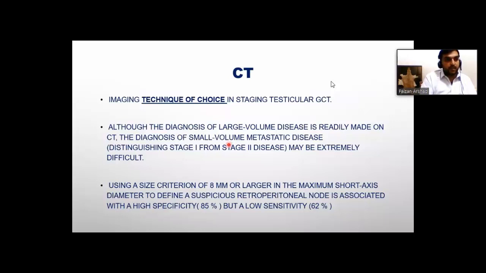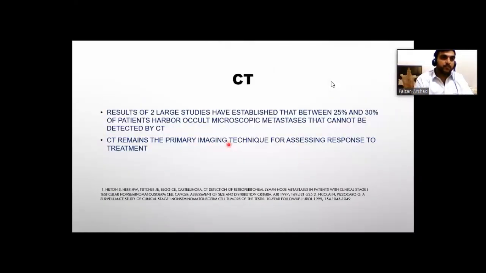Using a size criterion of 8 mm or larger in the maximum short axis diameter to define a suspicious retroperitoneal node is associated with high specificity, 85%, but low sensitivity, which is 62%. Results of two large studies have established that between 25 and 30% of patients harbor occult microscopic mets that cannot be detected by CT. CT remains the primary imaging technique for assessing response to treatment.